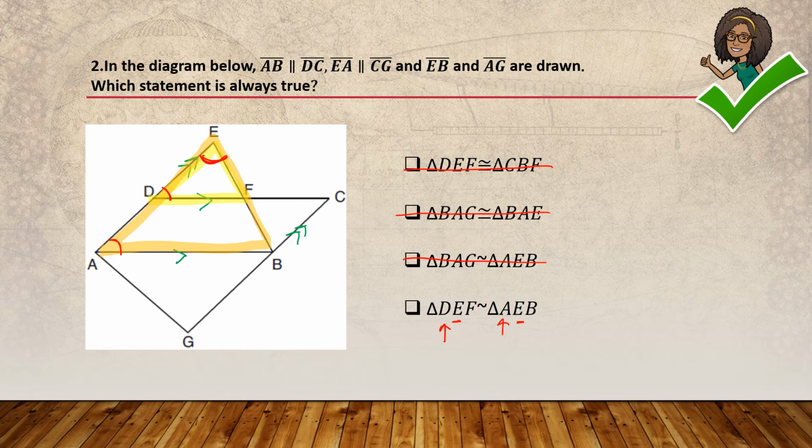And then F and B are corresponding, and again, they're in the same position. And guess what? We got 3 angles in one triangle that are congruent and corresponding to 3 angles in the second triangle. So therefore, these triangles must be similar because we just proved at least 2 angles in both to be congruent and corresponding. So that means that this one right here is a true statement.